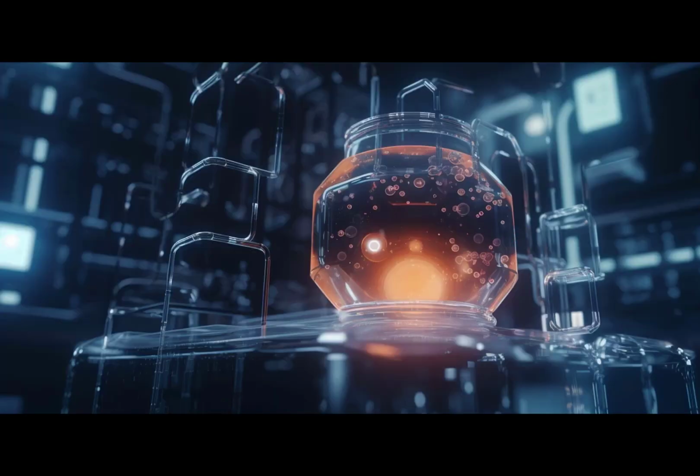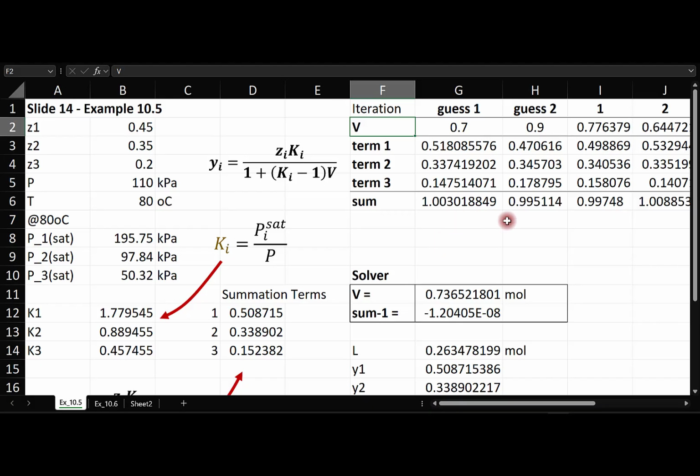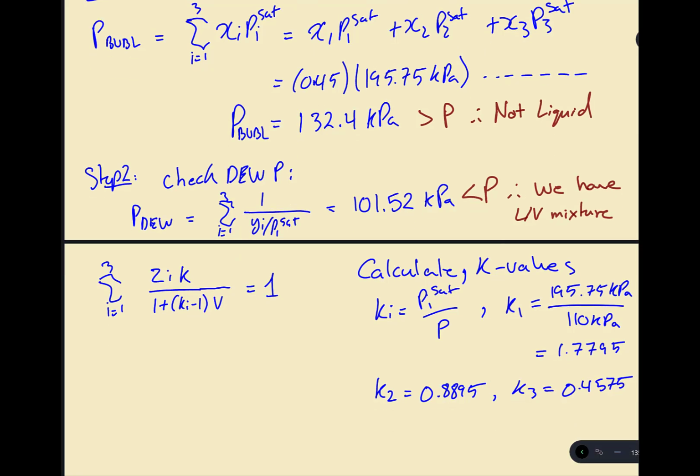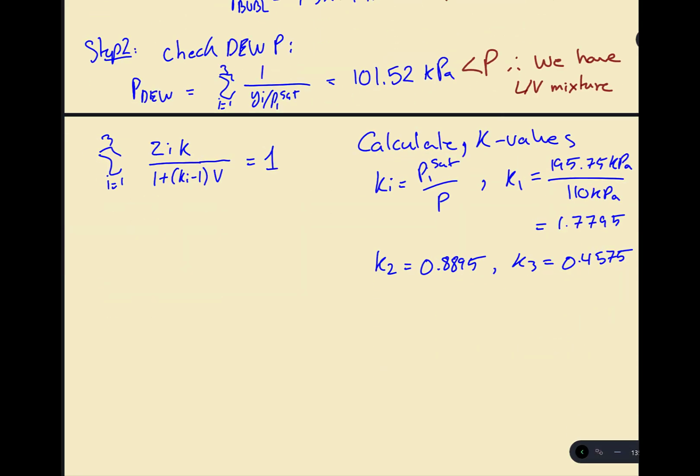You find that V is equal to, in this case, 0.7365. Okay, so we can just write that down in here, using iterations. And what I can do is upload this Excel file so you guys have access to these calculations, and then you could do it on paper as a reference.